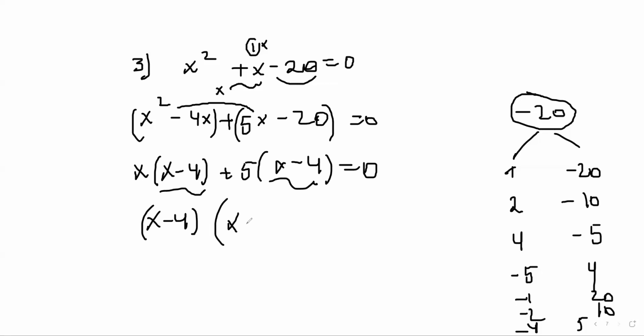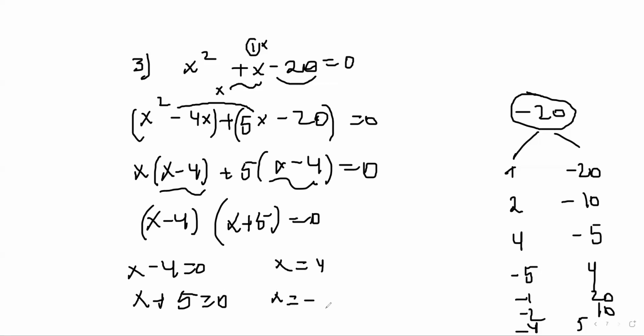So we can factor it: (x minus 4) times (x plus 5) equals 0. So x minus 4 equals 0, x plus 5 equals 0. Actually, x equals 4 and x equals negative 5. This is the answer. So we got 4, negative 5. These are our roots, the solutions of this equation.